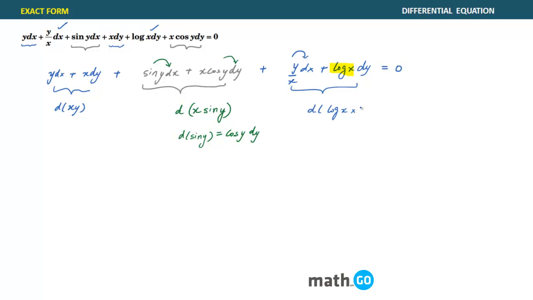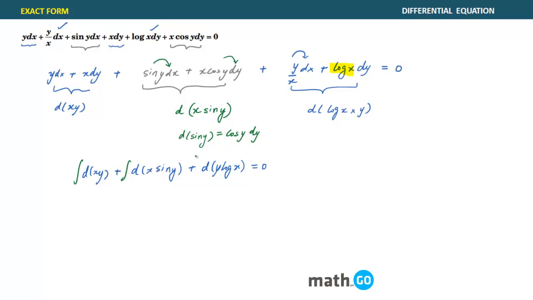You can simply state this is nothing but d of y log x. So if you combine the entire thing, it is just this expression. Just see to it: d of x sin y plus d of y log x equal to 0, and you wanted to find the equation out of this particular thing.